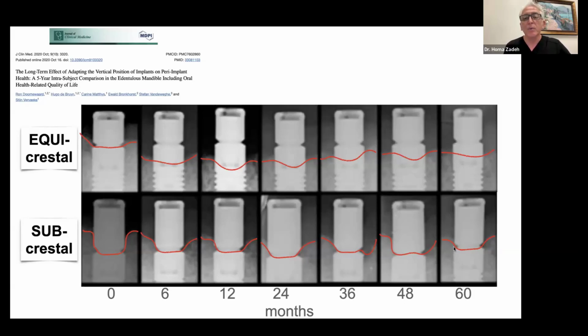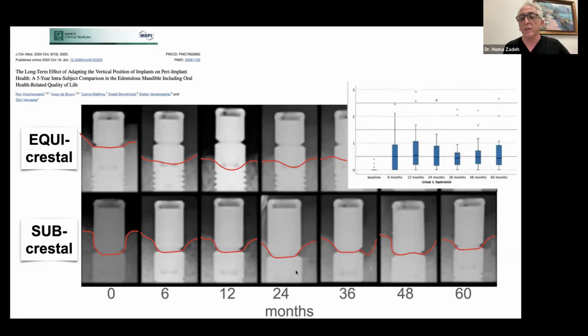You can't put an implant that has leakage at the implant abutment junction subcrestally. So we'll talk more about that. So you shouldn't submerge or place every kind of implant subcrestal. Typically, you want to place an implant subcrestal that has a very stable implant abutment connection.